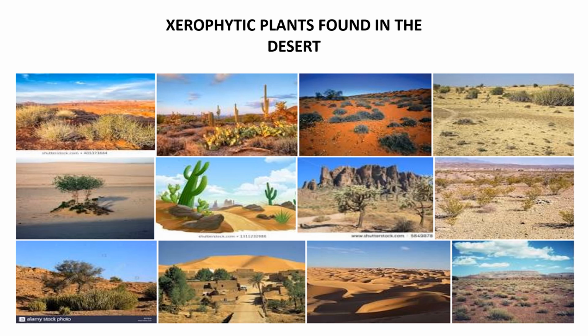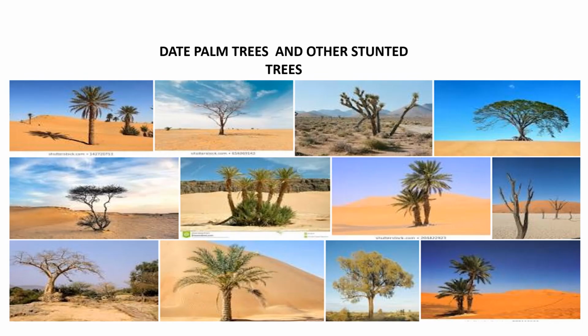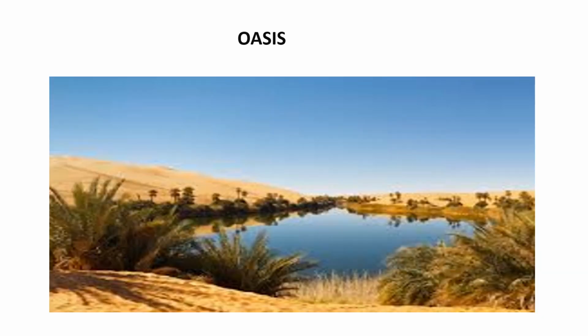Now these are the pictures of the xerophytic plants, the common ones which are found in the tropical desert type of climate. These are the date palms, or palm trees, which are found here. Then this is the picture of an oasis, which is a trading center, and many crops are grown around it.